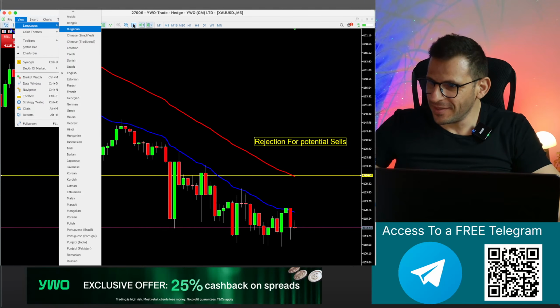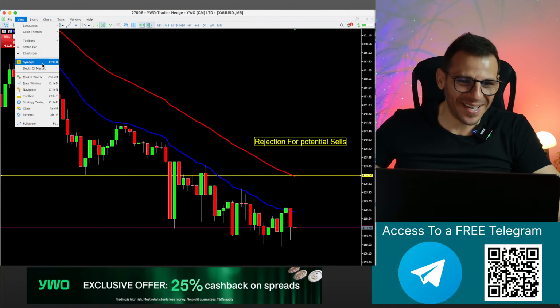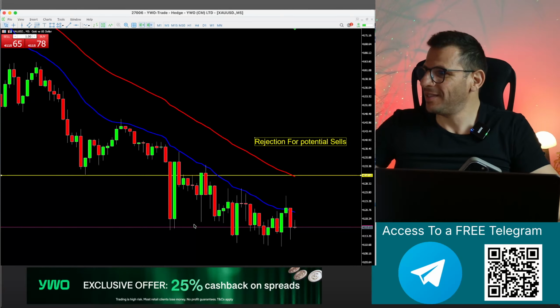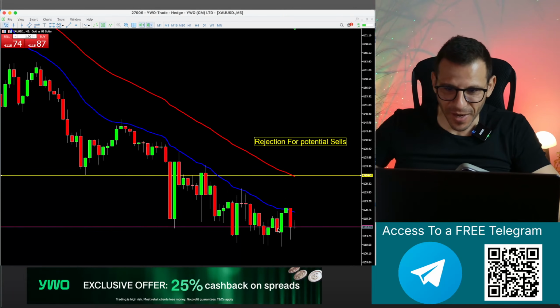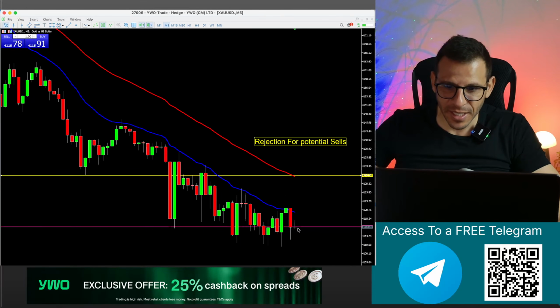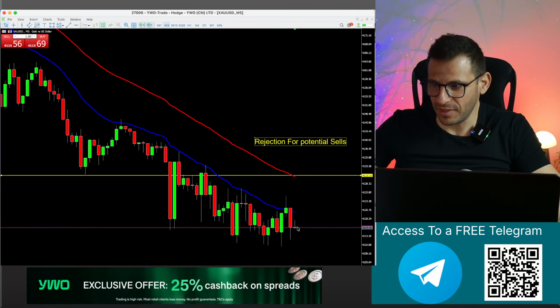MetaTrader's interface is horrible, honestly. It's okay, but at least, guys, for example, look here with YWO, the broker. We are on the 5-minute chart on gold, and see the spread. How small is that?